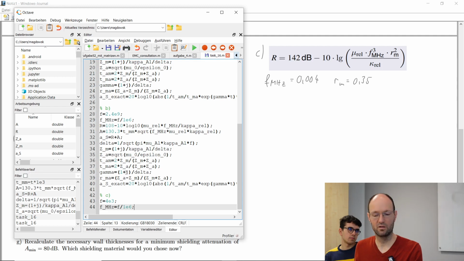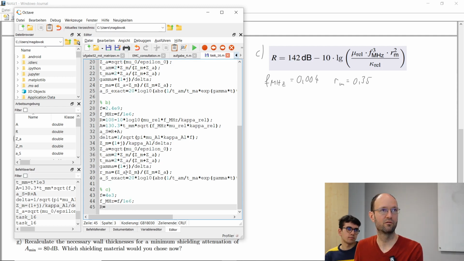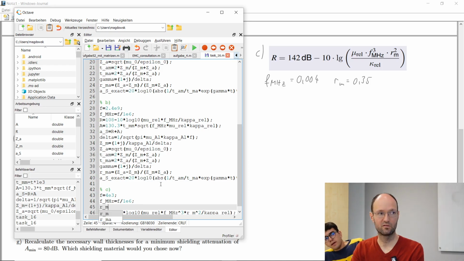And so we need to have a new formula for the reflection coefficient, this one here, which is 42 minus 10 times decadic logarithm of mu relative multiplied with the frequency in megahertz to the power of 3 multiplied with this source distance to the power of 2 and divided by relative conductivity. And that should be it. And the source distance is 0.35.